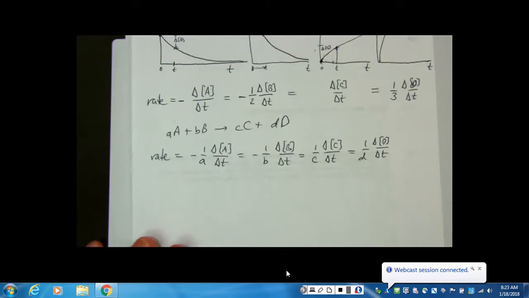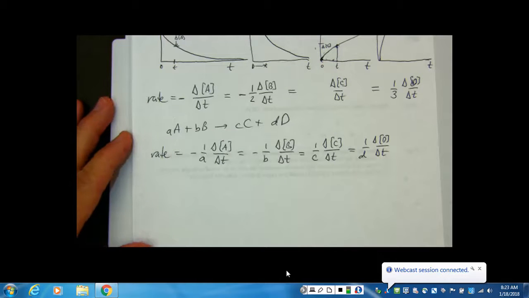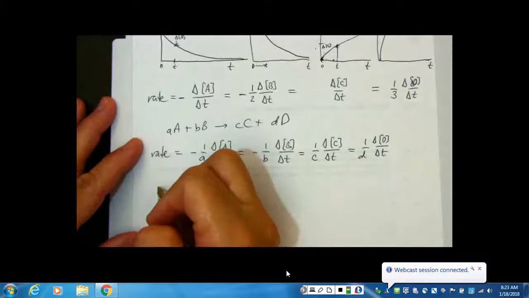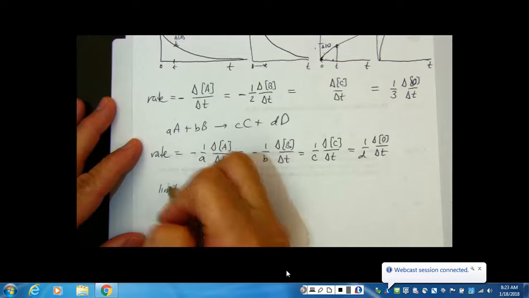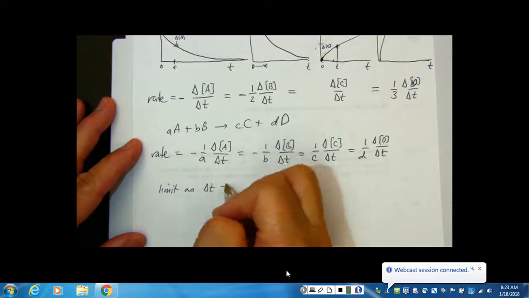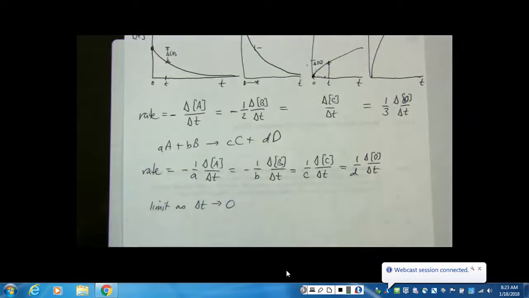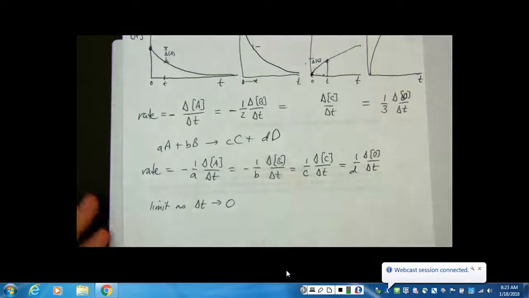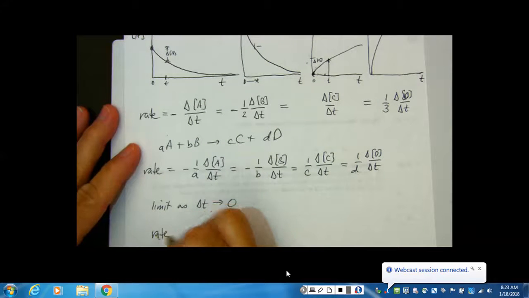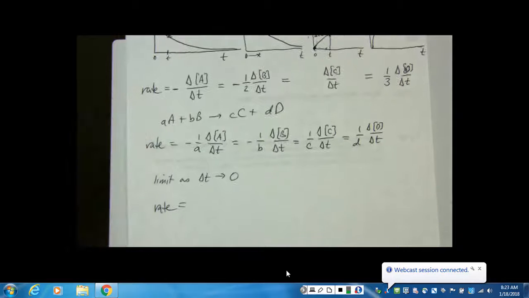Okay? Now, I think most of you have had enough calculus to say, all right, in the limit as delta t goes to 0, right? So I'm going to make this thing smaller and smaller until we've just got an incremental tiny delta t. What would the equation for the rate be?